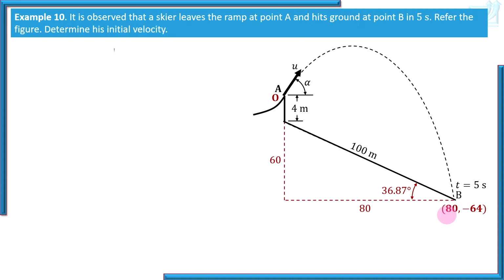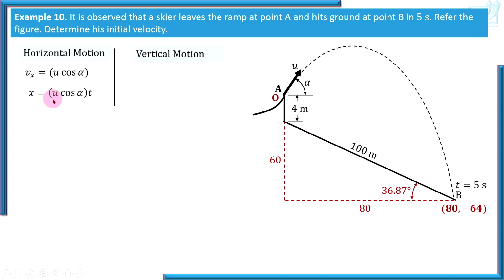Now we'll write equations of motion, horizontal and vertical. So Vx is V0 cos theta 0. In this case, V0 is u and theta 0 is alpha. X is equal to V0 cos theta 0 into t. Vy is V0 sin theta 0 minus 9.8 t.